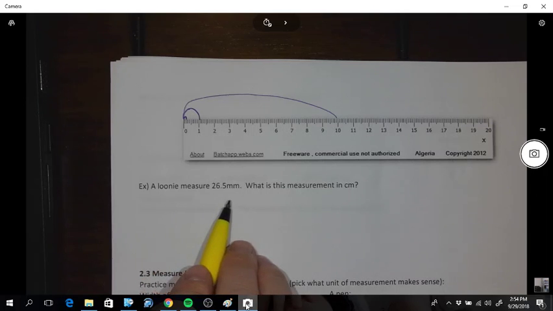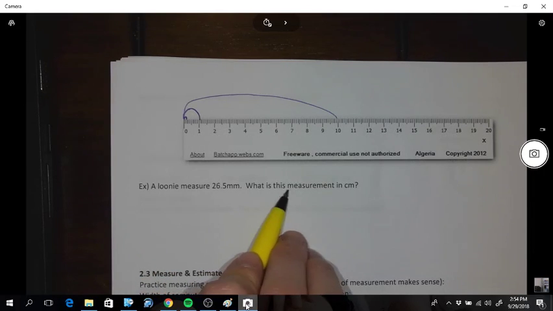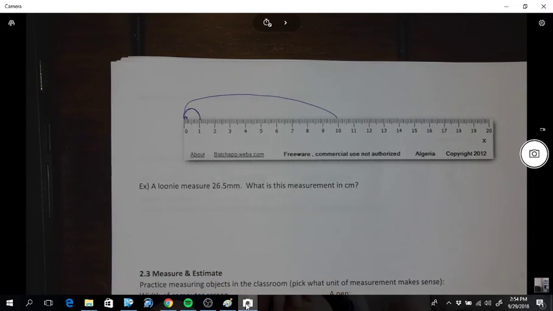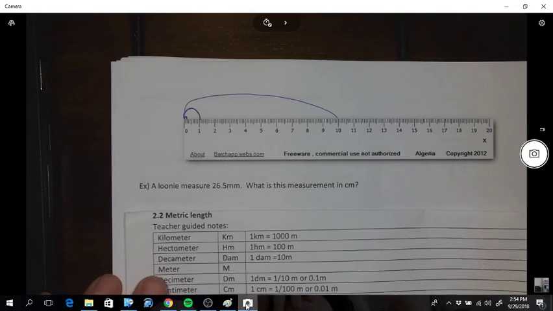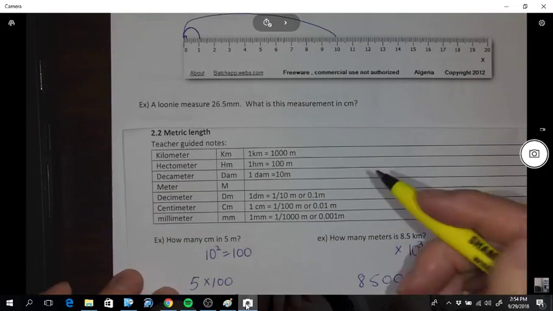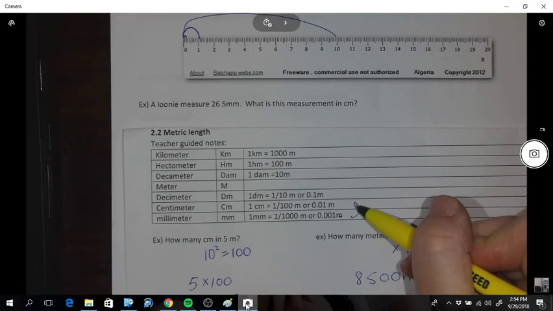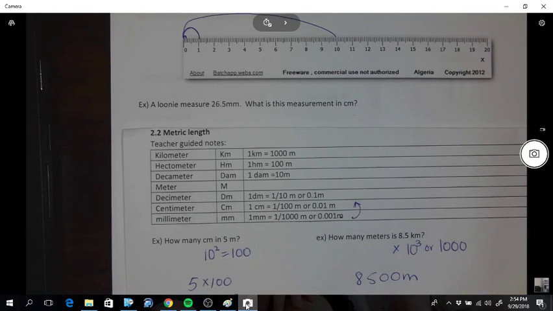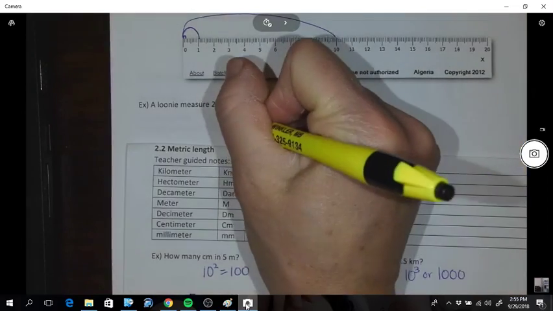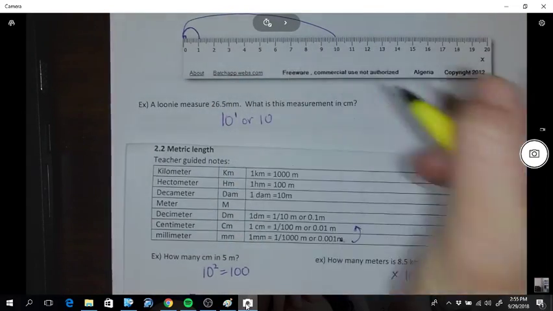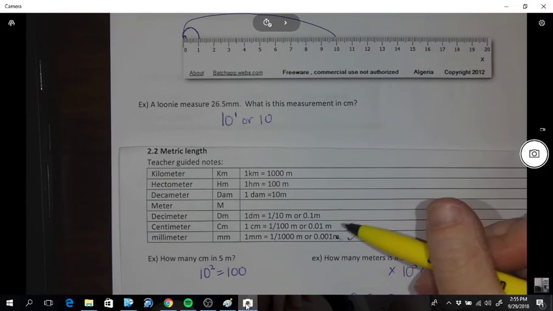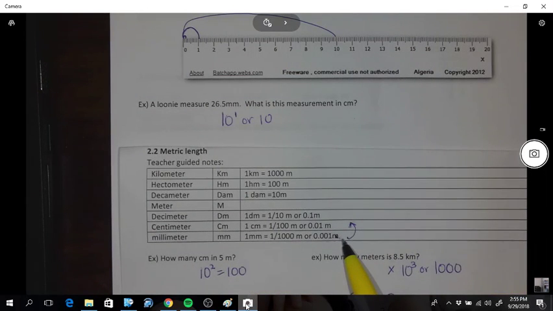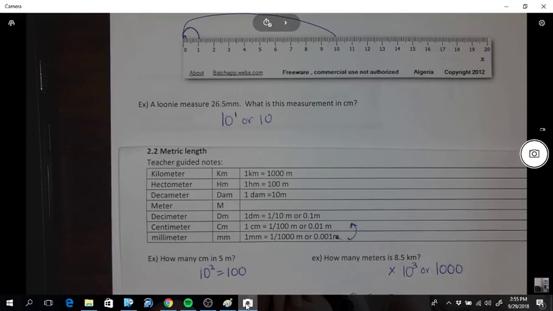Okay, a loonie measures 26.5 millimeters, so what's that in centimeters? Okay, so we got to go to our chart here, and we are in millimeters and we want to go to centimeters. So now that is an increment of 1, so that's just 10 to the 1, or 10. So that's our increment. But this time we're going up the ladder.